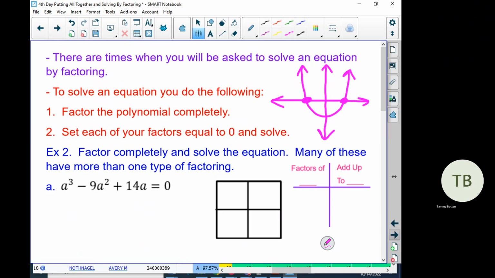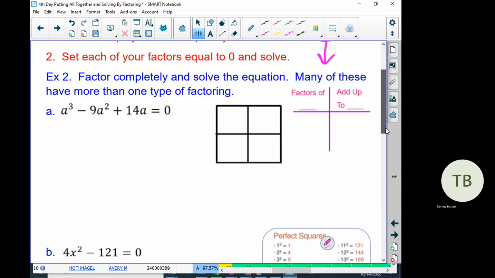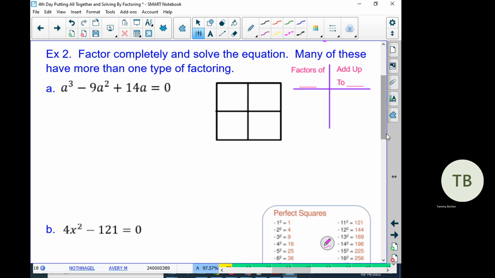Those are the answers to this question. So if you graphed this and saw where it crossed the x-axis, that would be the answers. So what we're going to do here is factor this as much as we can, and then find what our x's, or a's in this case, would be.